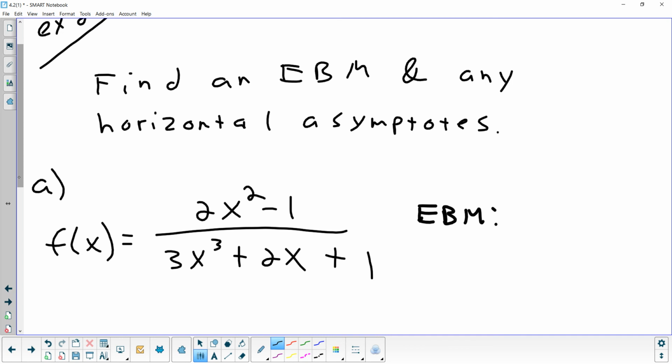Zach, what's my EBM of the top? Top. Yep. What is it? Negative 1. That's the lowest degree term on the top. We want the highest.